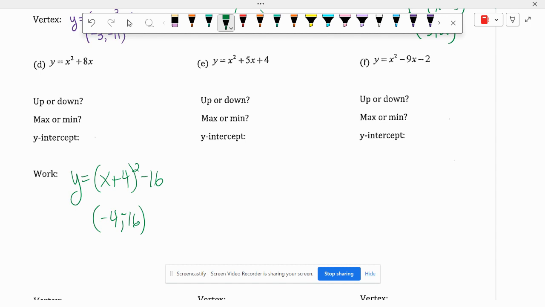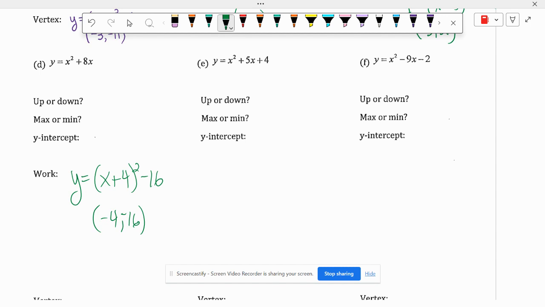We need to do the last two together because they have fractions. Okay, so you have to take half of this. This is 10x. So this is right. But what's half of 10? 5. So this becomes (x minus 5) squared. So what happens when you square 5?